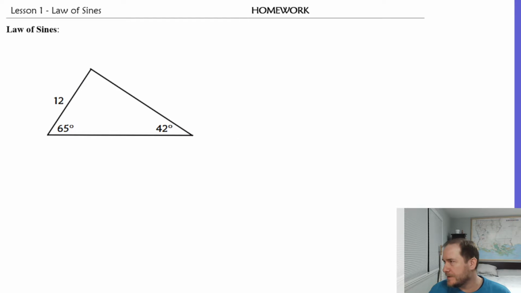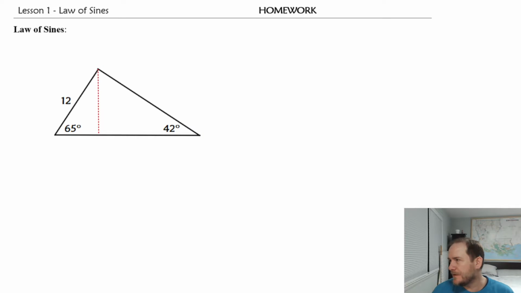We could drop a perpendicular line from here straight down. Because if I drop a perpendicular straight down, well, now I've got right angles again, don't I?